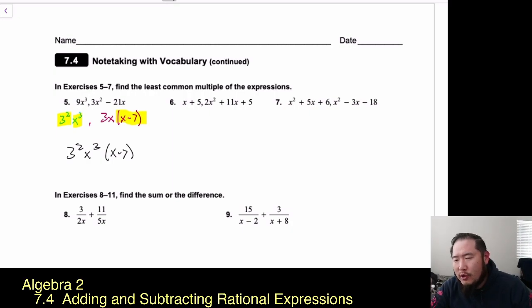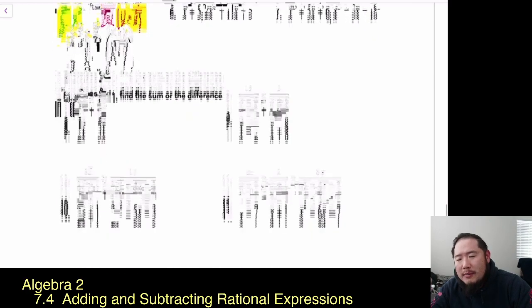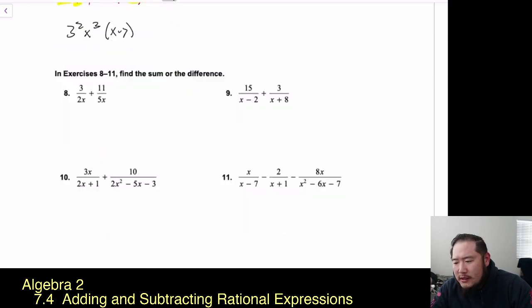Let's make things a little more complex. Let's go down to number 8. On number 8 right here, we finally see problems where we do not have common denominators. The easiest thing to do is look at 2x and 5x and ask, what can I multiply both sides by to get my LCM? You could always multiply the two denominators together and get 10x squared.